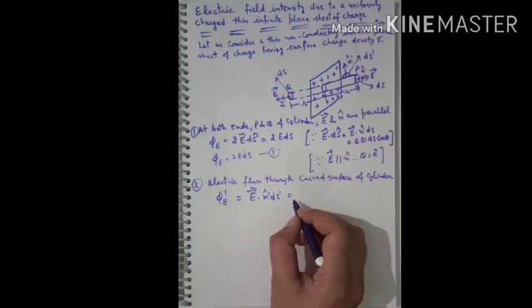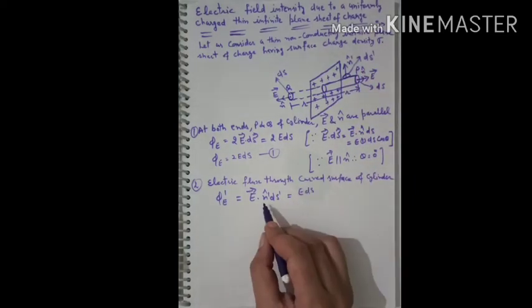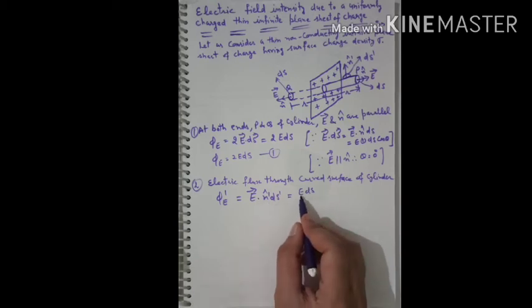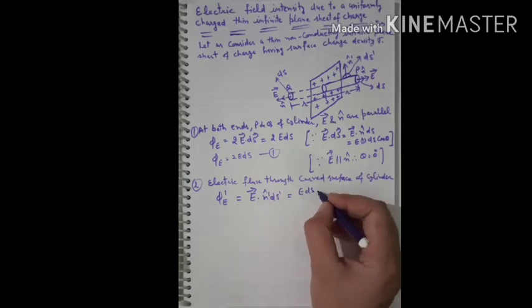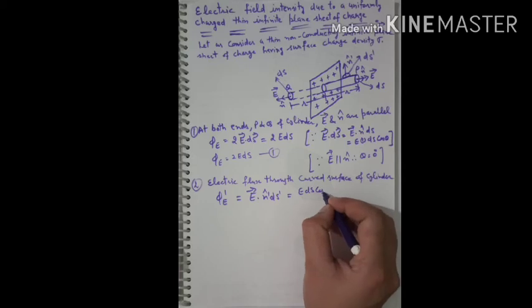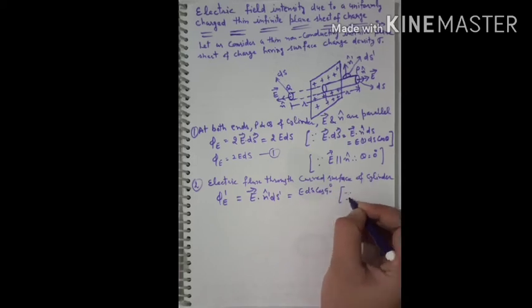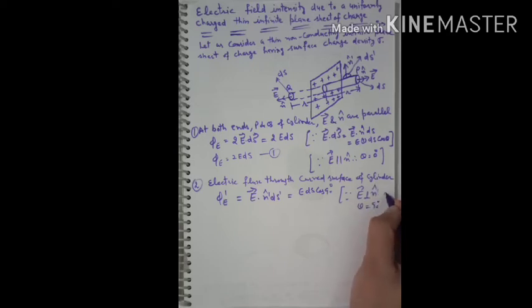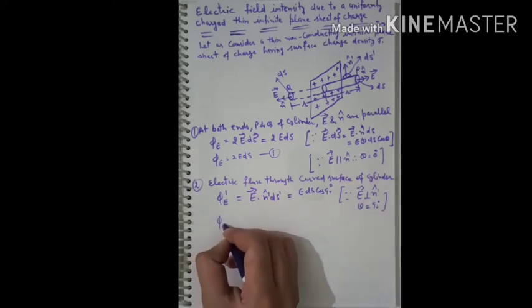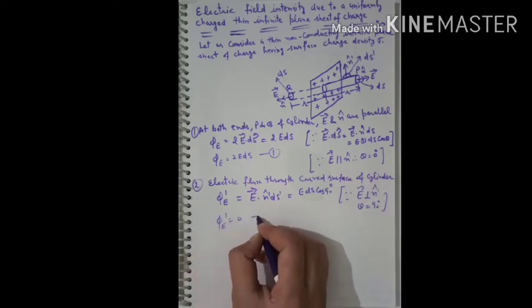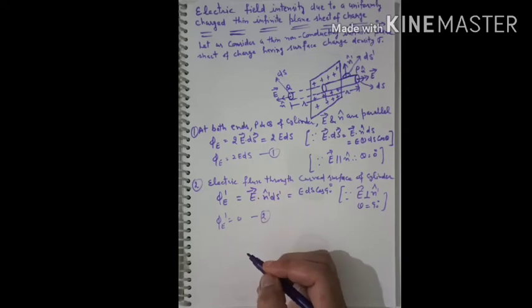So opening the dot product, this is equal to E ds into cos 90 degrees, because E is perpendicular to the N cap dash vector. So theta is equal to 90 degrees. So this flux is equal to 0. Say that this is equation number 2.